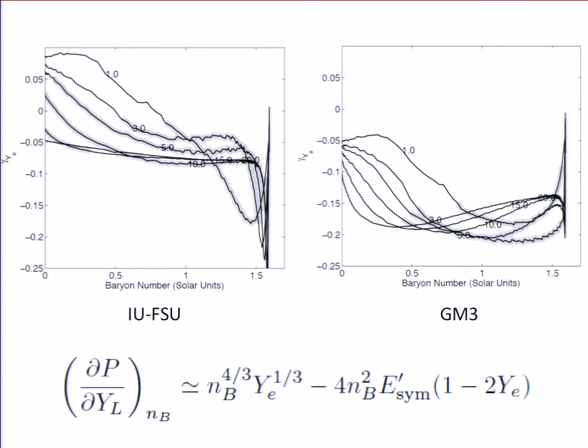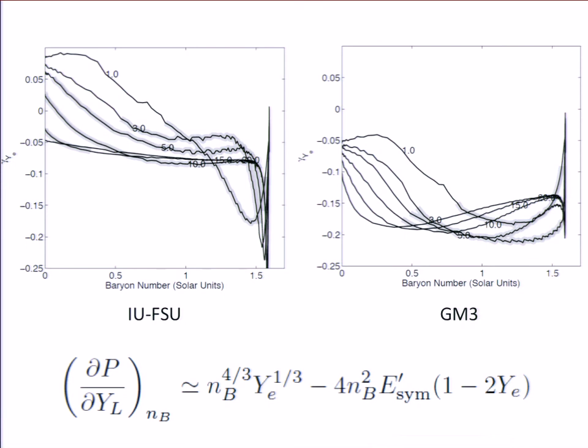And here I've just plotted the logarithmic derivative, d ln P / d ln YL, for IUFSU, so this is just gamma YL, and here for GM3. You can see that IUFSU has a much less negative gamma YL than GM3.